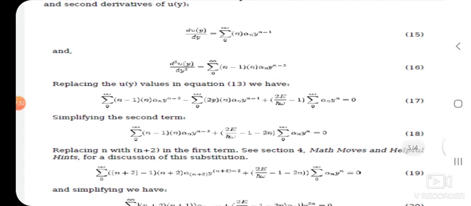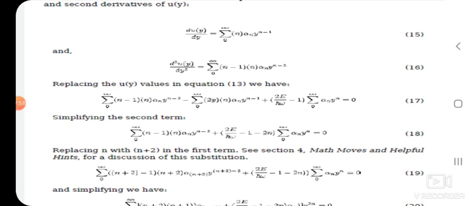Now, if we simplify this second term, then our equation number 17 becomes summation n is equal to 0 to infinity n minus 1 n a_n y raised to n minus 2 plus 2e by h cross omega minus 1.